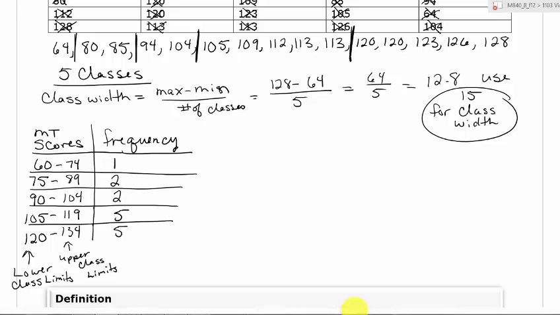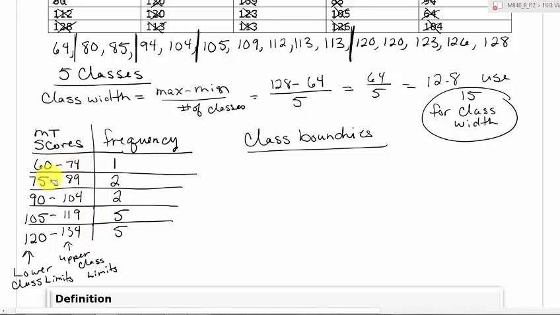One other thing that you need for these is called the class boundaries. The class boundaries is the midpoint between this upper class limit and this lower class limit. And there's also a boundary right here and a boundary value at the top.